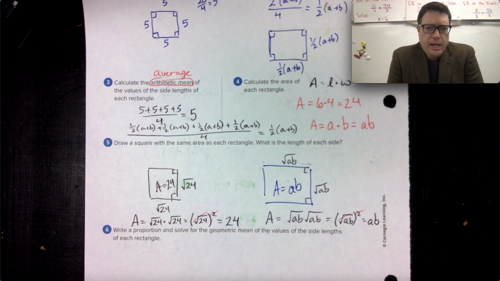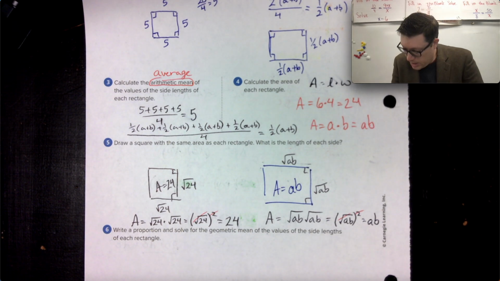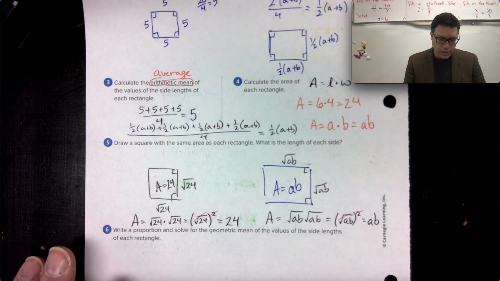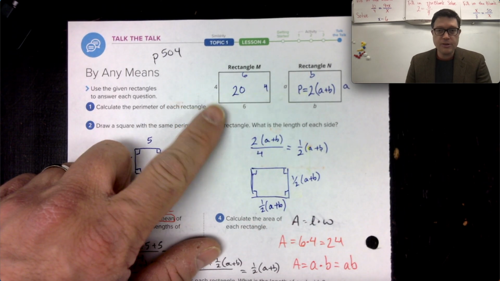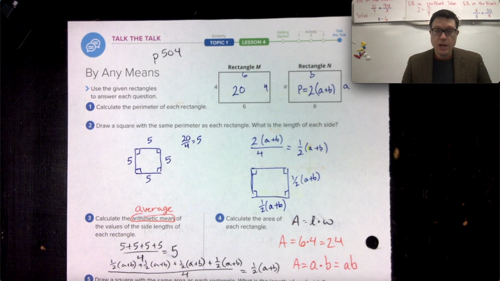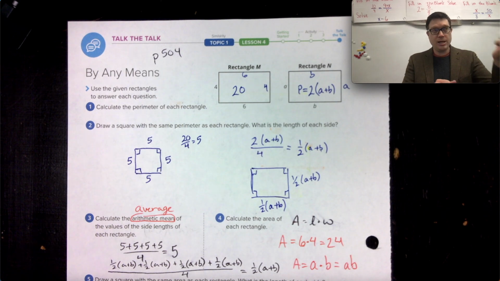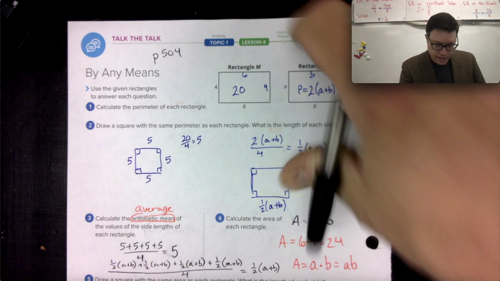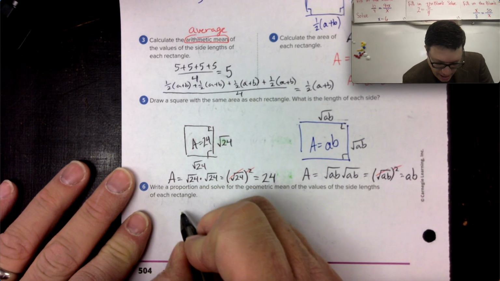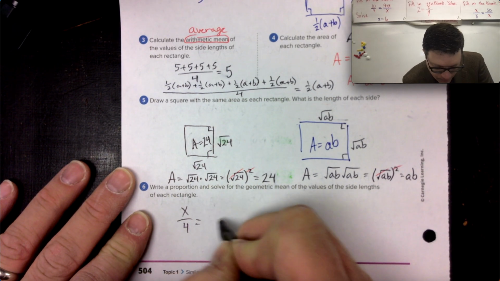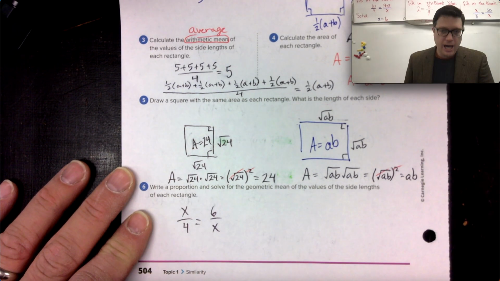What's the point of all that? Write a proportion and solve for the geometric mean of the values of the side lengths of each rectangle. So the geometric mean of this rectangle would be the number that is somewhere between the 4 and the 6, so that x over 4 equals 6 over x.